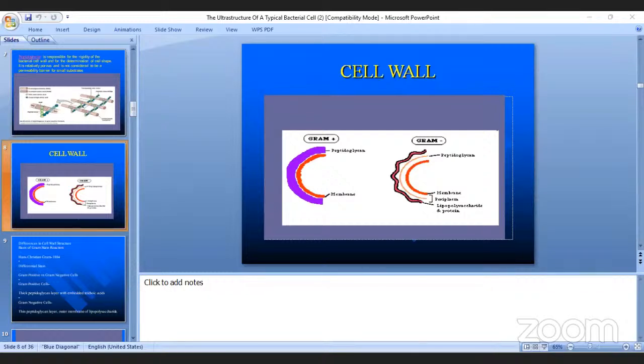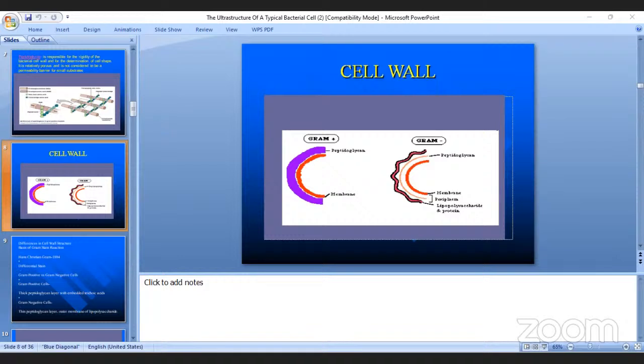I already told you, in gram positive the peptidoglycan is thick, and in gram negative the peptidoglycan is thin. You can observe it easily in the diagram. The plasma membrane is present here and also here. Lipopolysaccharides and proteins are also present in gram negative, but here they do not appear much.